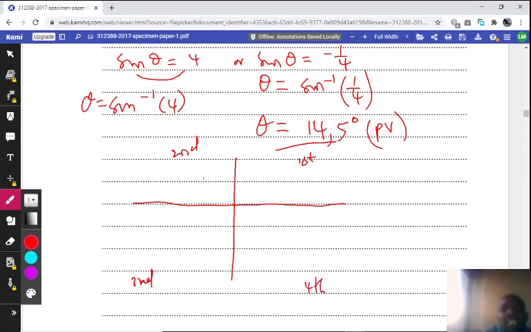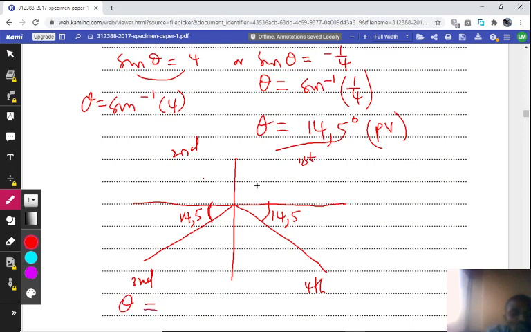Sine theta is negative in the third and fourth quadrants. So your angle is the one that will be made with the x-axis. You write 14.5 here, and on this one also you put 14.5. Then the solution is to theta.